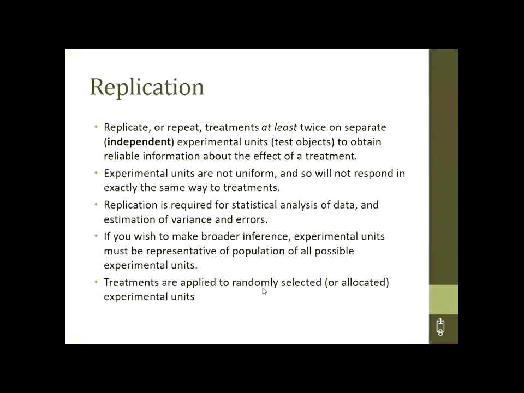The reason we apply treatments randomly to experimental units is that sometimes there might be some sort of pattern in the experimental units, and if we apply experimental units to treatments, sometimes that pattern can be reflected in treatment differences.